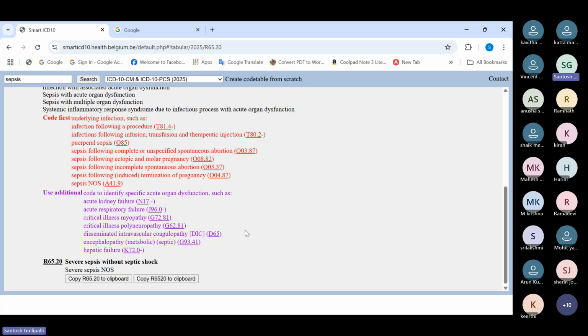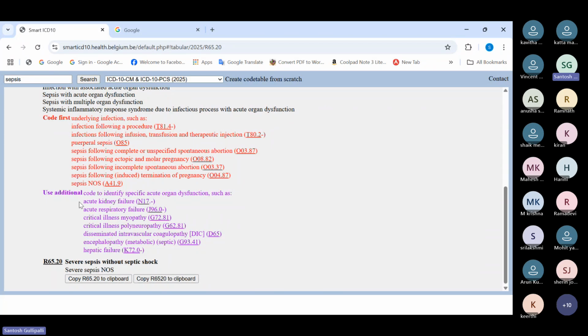One interviewer asked about this abbreviation: what is meant by DIC? DIC means disseminated intravascular coagulopathy. Also encephalopathy, and hepatic failure, which means liver failure.